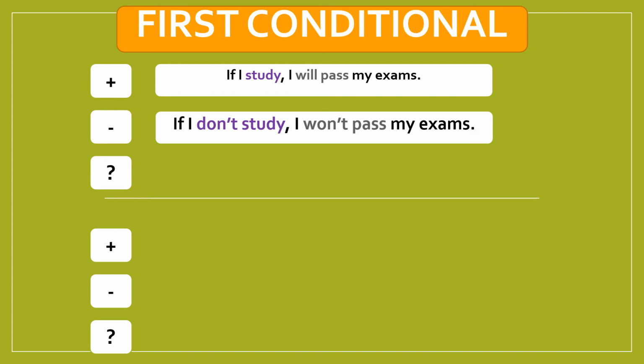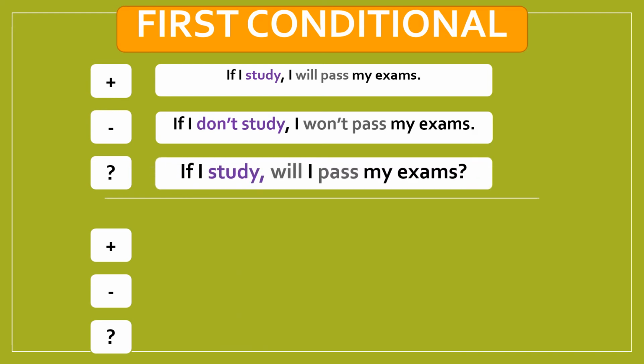And how do we make the question? If I study, will I pass my exams? Here we notice that we used will before I. It's different from the first sentence, I will, but this is will I.